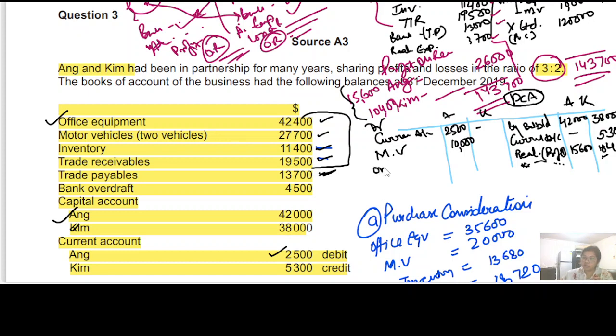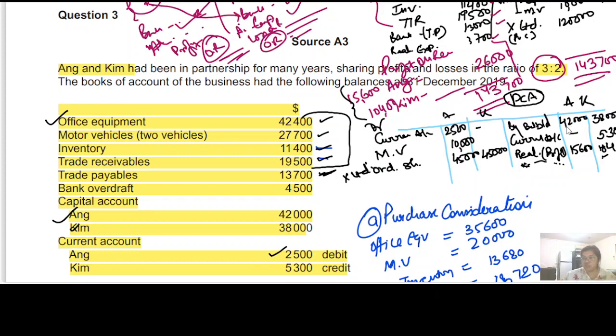So here we can write ordinary shares 45,000 and 45,000. Okay, so X Limited's ordinary shares. Now whatever the difference arises, we have to record it by bank or cash.